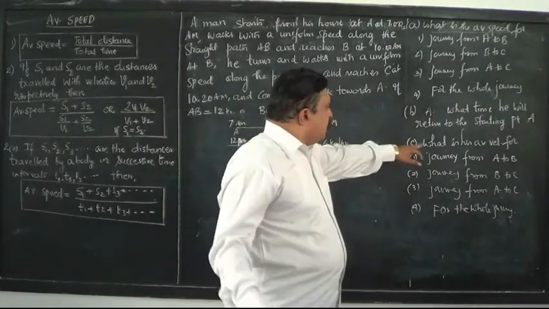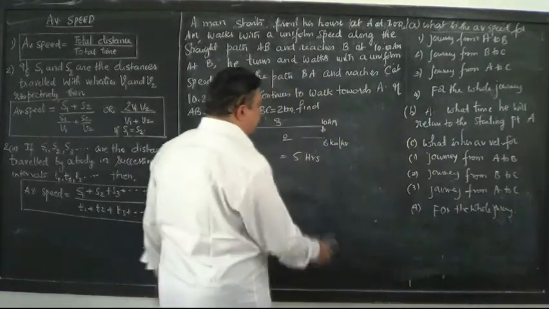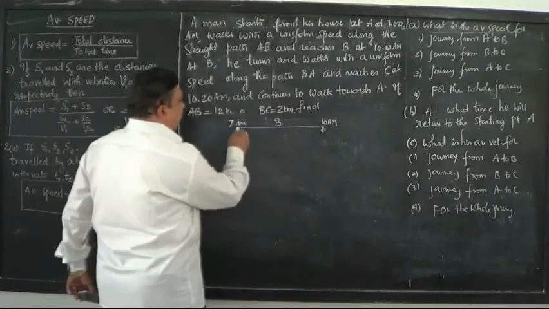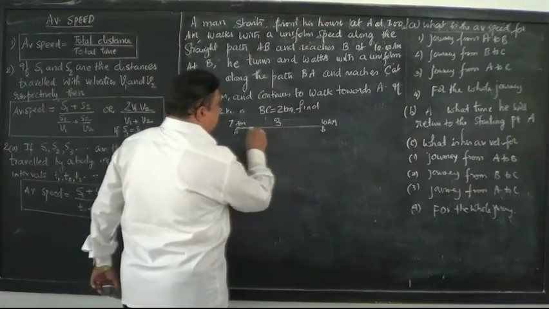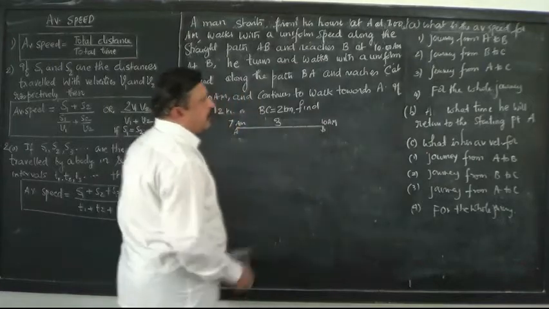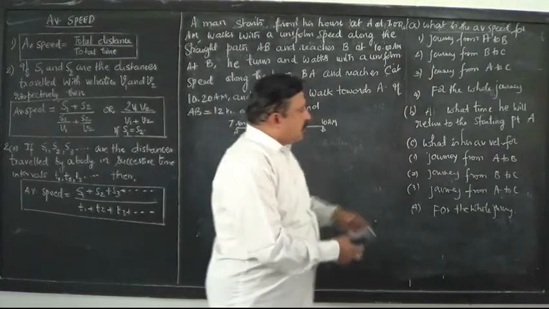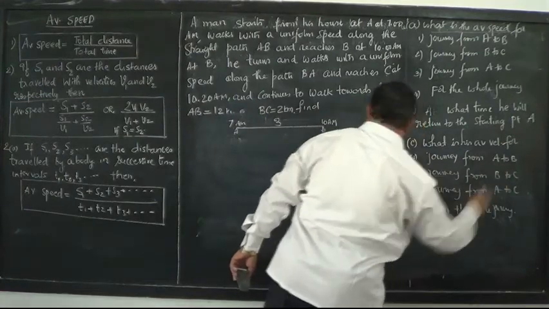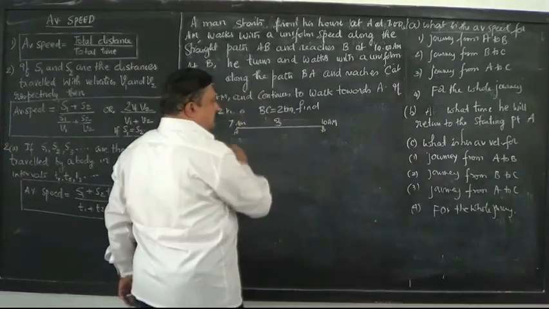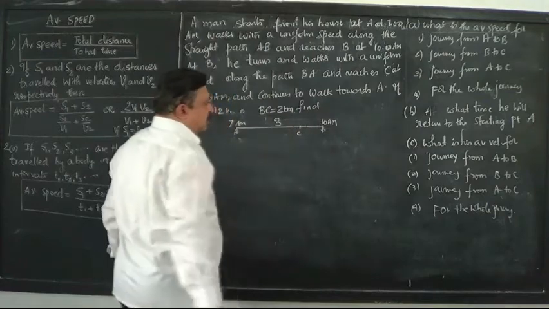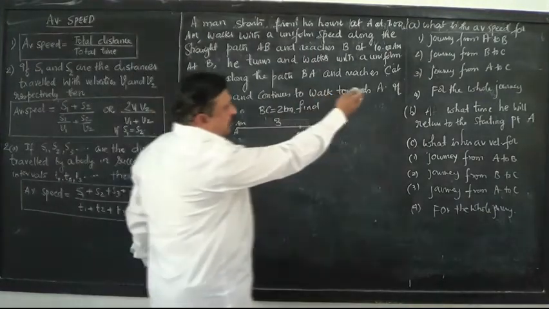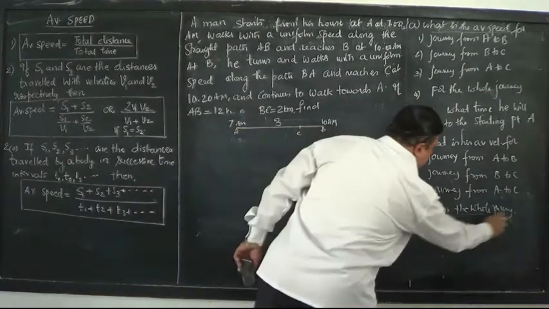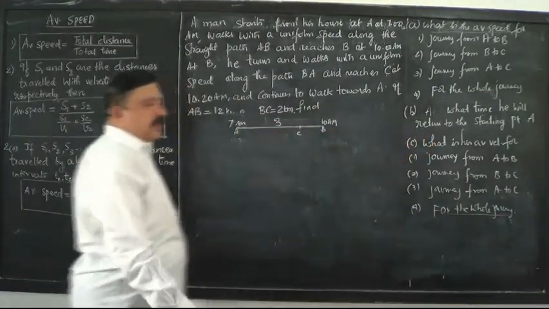And what is his average velocity for A to B? The same as the average speed we calculated. What is his average velocity from B to C? The same as the value of the average speed for B to C. For the whole journey, what is his average velocity?